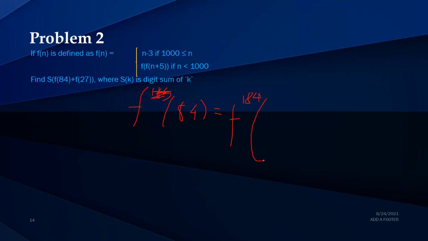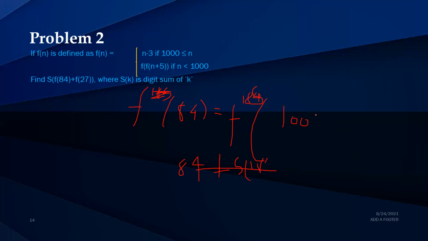So 185, sorry. So we will have 84 plus 5 into 185 minus 1, 84 plus 5 into 184. So 1004 we will have.